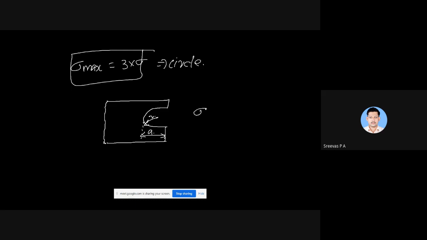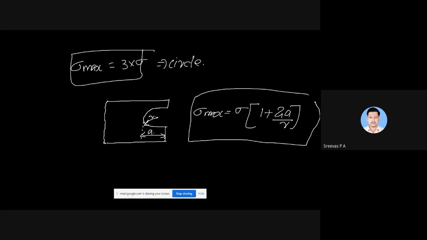So here also sigma max is equal to sigma into 1 plus 2a divided by R. These equations are not that important. In university question papers, I have only found questions asking to state what is stress concentration, or how you will eliminate stress concentration. Only theoretical questions like that have been asked.